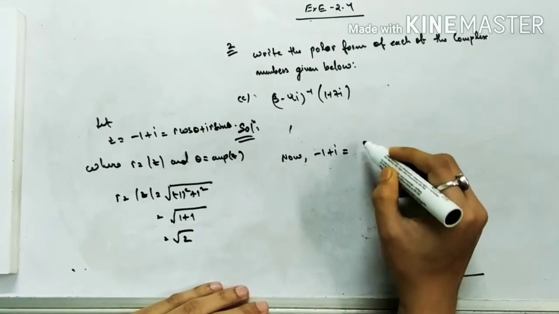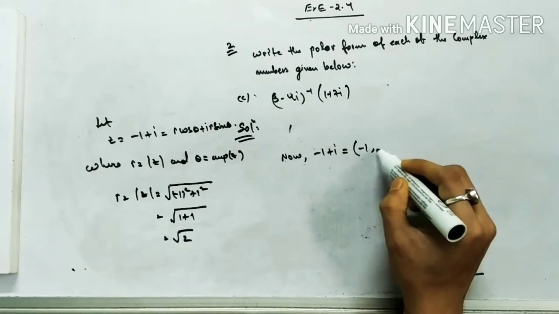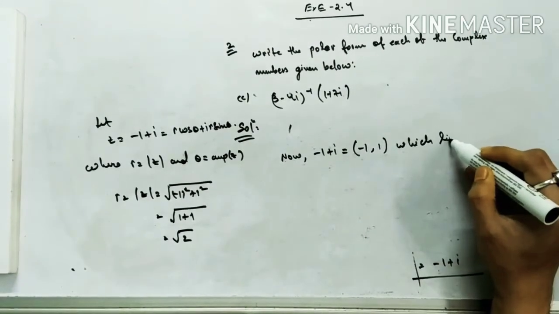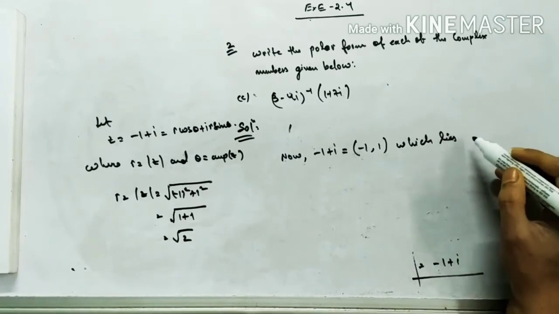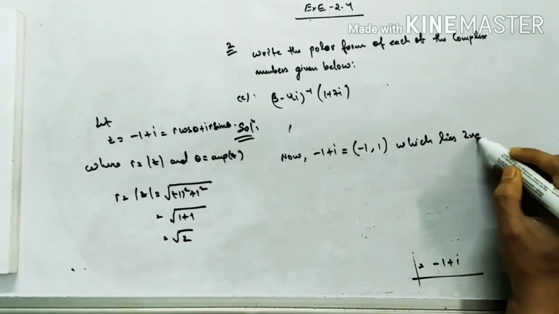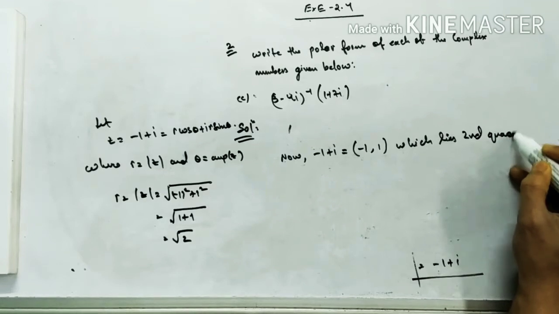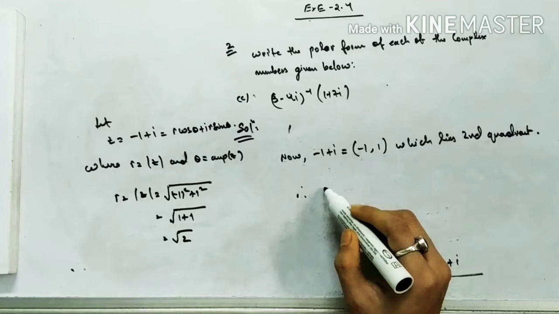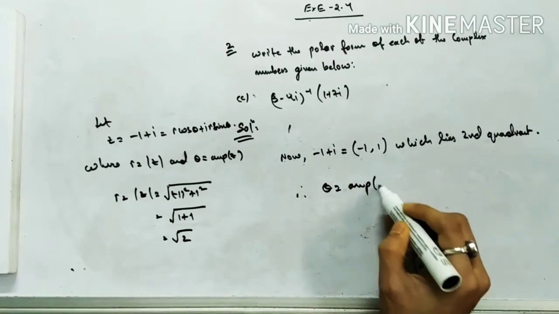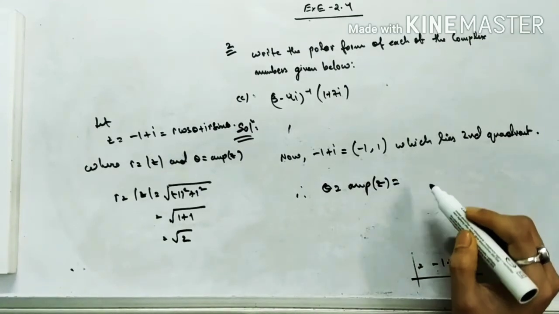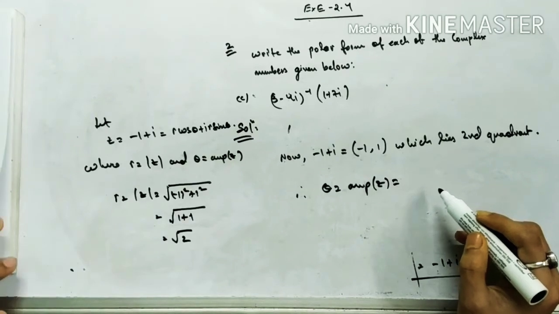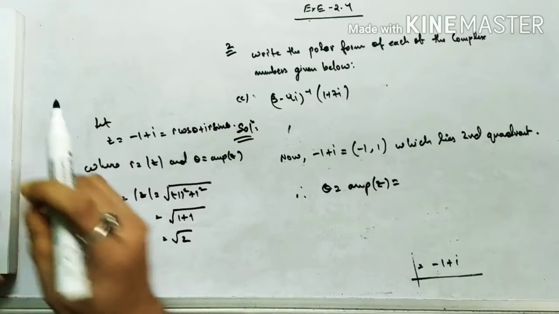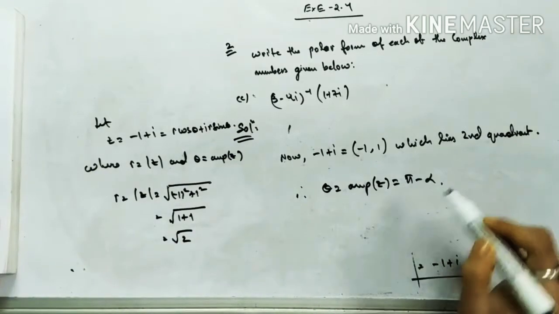The point minus 1 comma 1 lies in the second quadrant. So therefore theta, the amplitude of z, in the second quadrant is pi minus alpha.